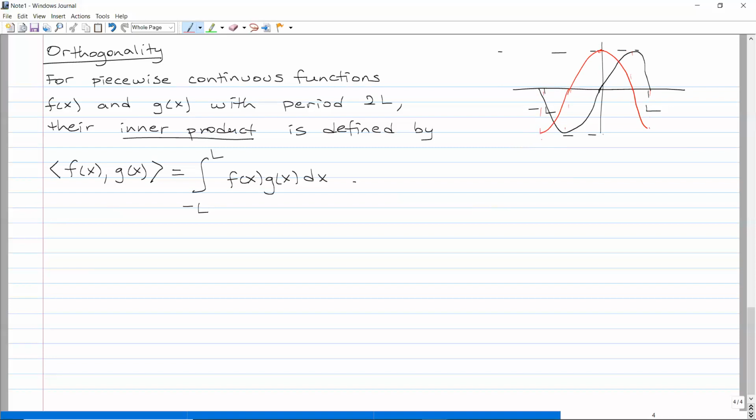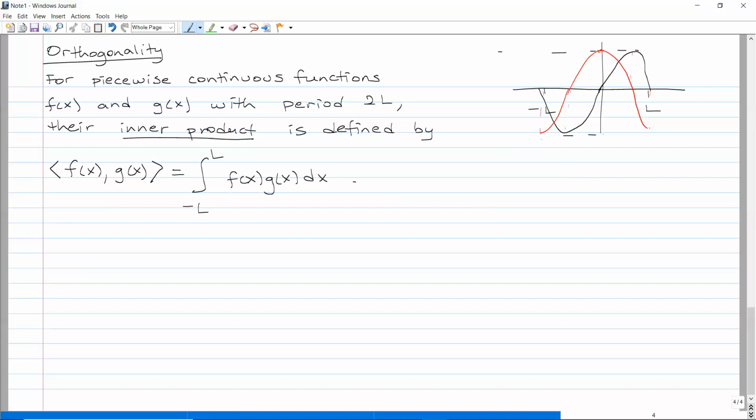Cosine is an even function and sine is an odd function. But instead of the interval minus L to L, if you take any interval and consider the midpoint, with respect to the midpoint, the graphs of sine and cosine behave in the same way. Of course, any piecewise continuous function with period 2 pi doesn't have to be even or odd. So the Fourier sine series, in a way, gives the odd part of your function, and the Fourier cosine series gives the even part of your function.